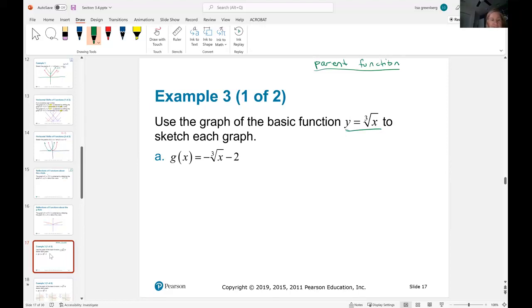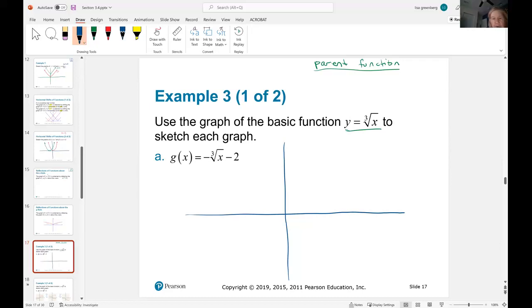And then we want to sketch this. Now there is an order to this, and the slides I left will show you the best order to use, but I think it's easier to think about it like this. Let me show you.